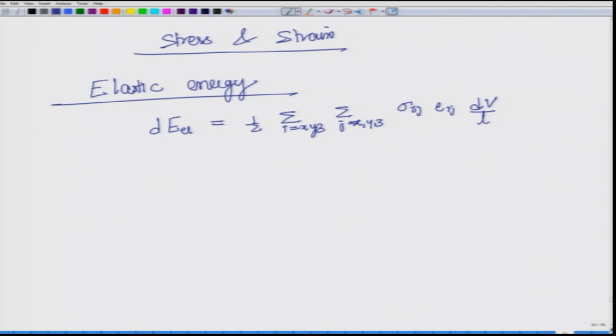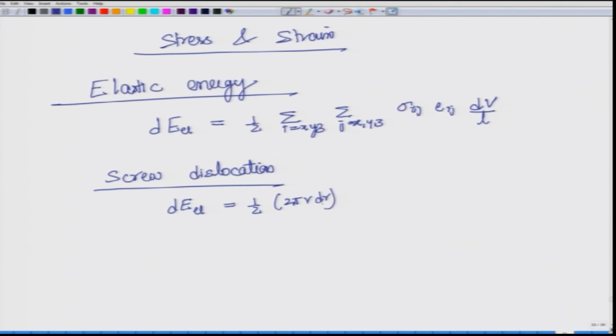So, now let us take it further and see how it comes out for the screw dislocation. When we take dV by L and integrate it over the region, sorry, we are not yet integrating. So, let us keep it in dr. We are talking about 2 pi r dr, which is the volume per unit length, and the two components we have are sigma theta z and sigma z theta.